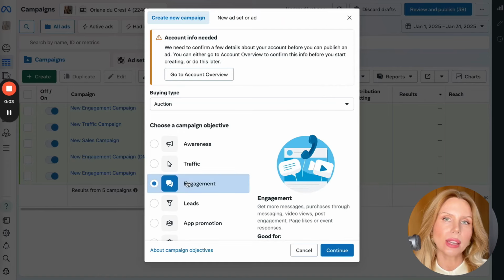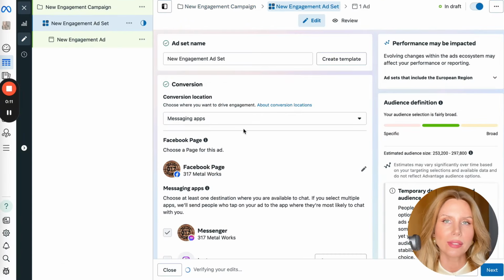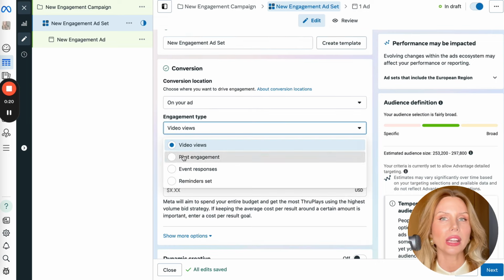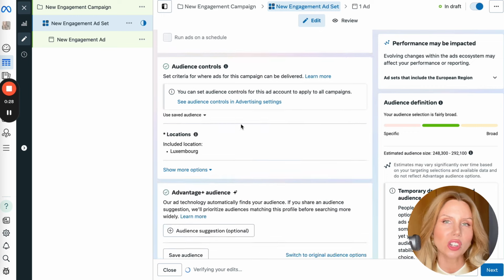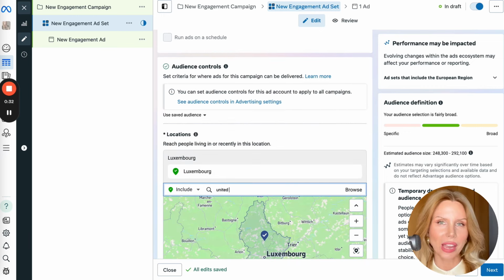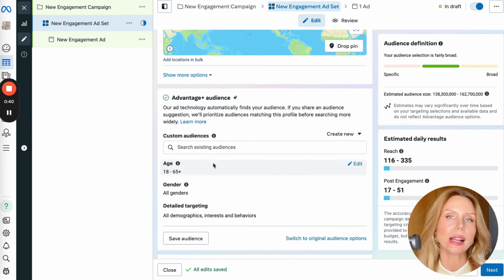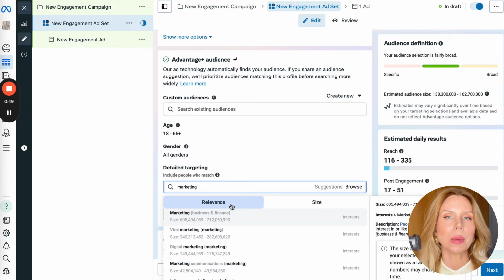So the engagement campaign, you should have an engagement campaign set up over 4 to 5 ad sets. You actually can target the exact same audience for each ad set, which is a completely different strategy from running any other type of campaigns, but yes, it's an engagement campaign. So you can run the same exact audience on each ad set and have only one post per ad set.